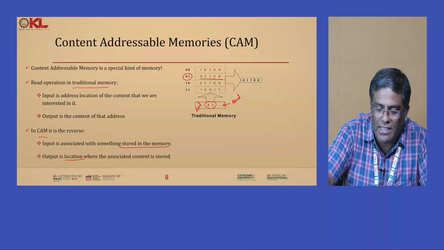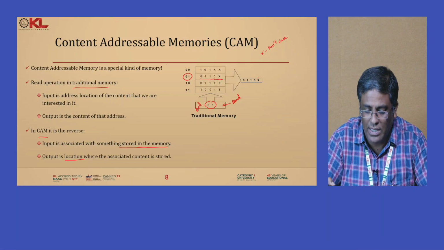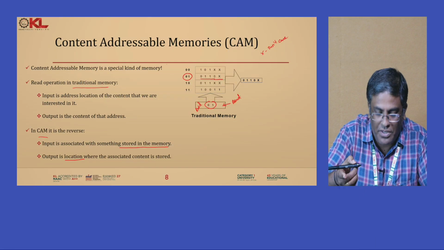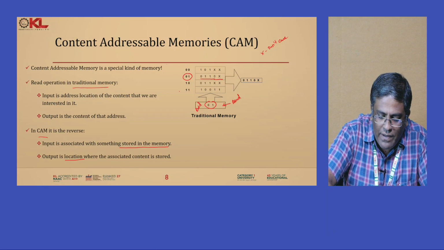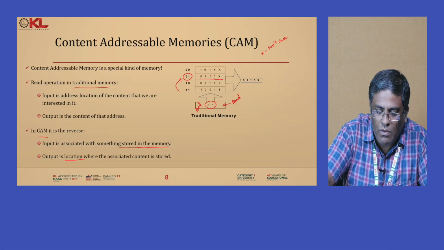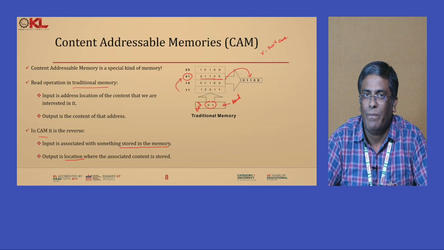Here x is the don't care condition, it can be either 0 or 1. So according to the address line I am searching for the read operation, it goes and verifies what is available at 0 1, and the data 0 1 1 0 x is transferred as output. That is the traditional memory we see.